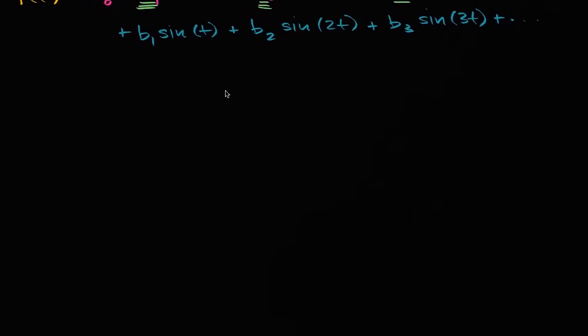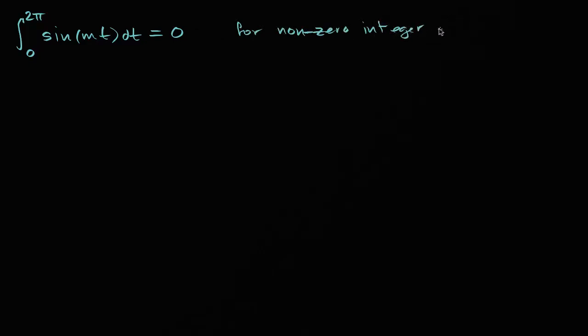So let's just establish some things about definite integrals of trig functions. The first thing I want to establish is that the definite integral from 0 to 2 pi of sine of mt dt, let me stay in t since our original function is in terms of t, is equal to 0 for any non-zero integer m.